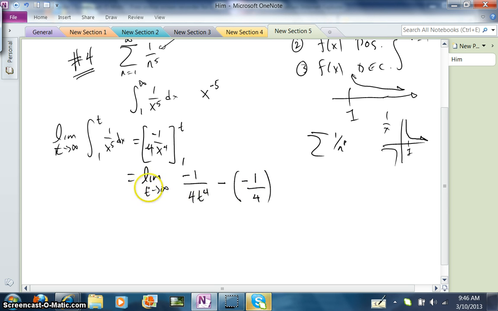When I plug in infinity, or when I let t go to infinity, this becomes negative 1 over infinity, which is 0. This goes to 0, and so I get just 1/4, positive 1/4.